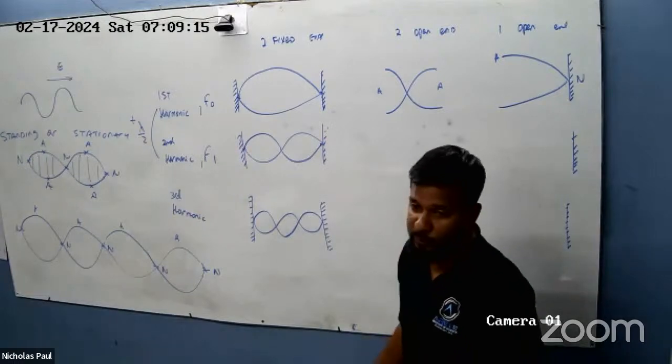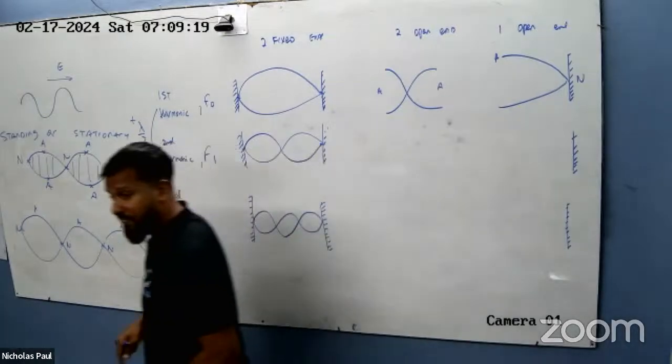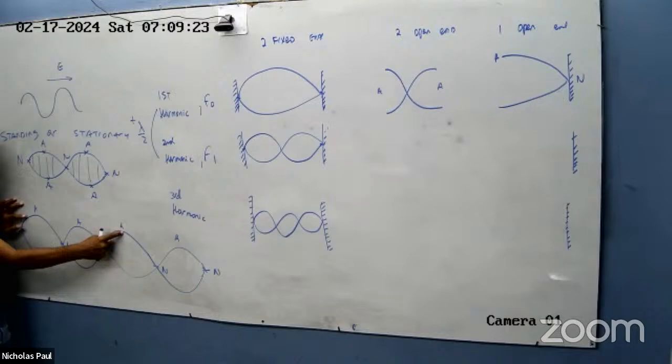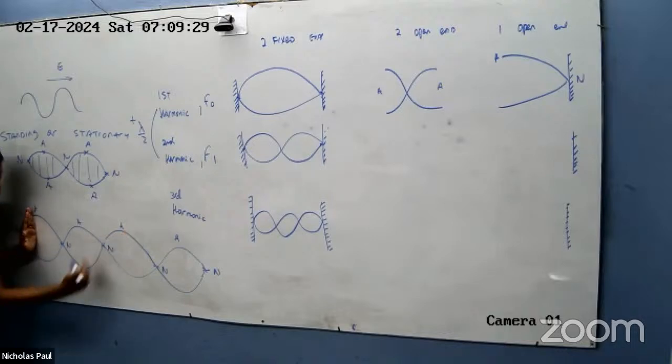Here we have a half, it's the whole. But it starts with an antinode. So it's a whole wavelength. But it will look like this. It could be a full wavelength, but make sure it looks like this. Right?